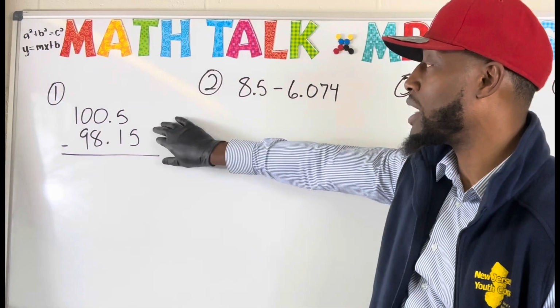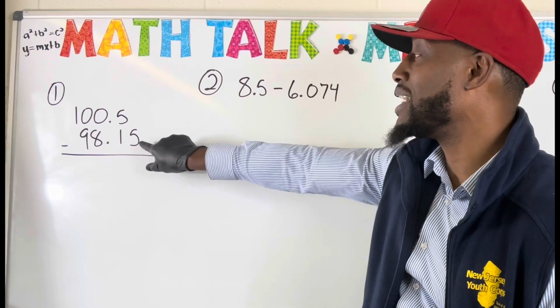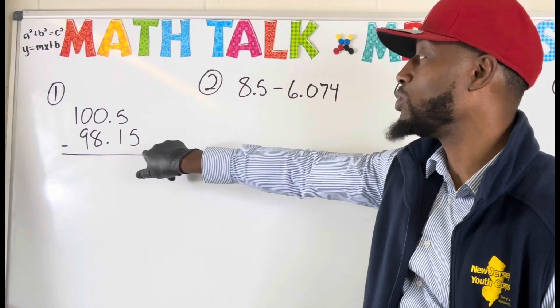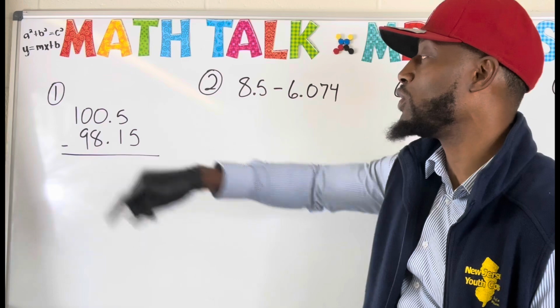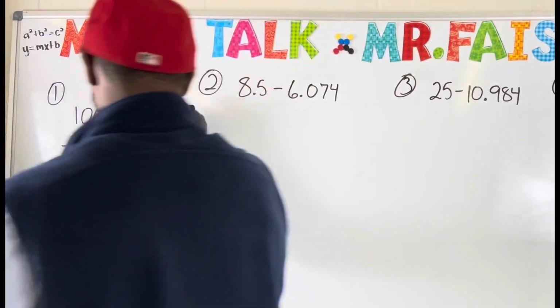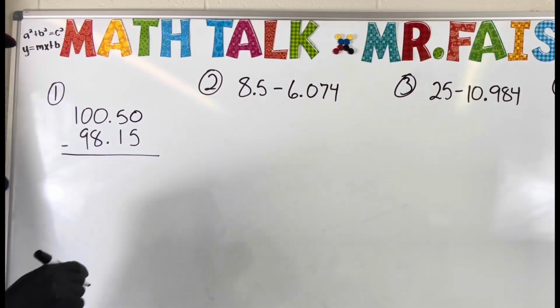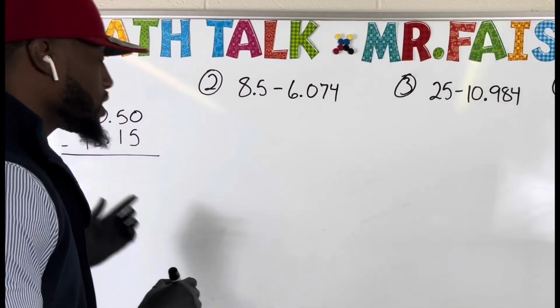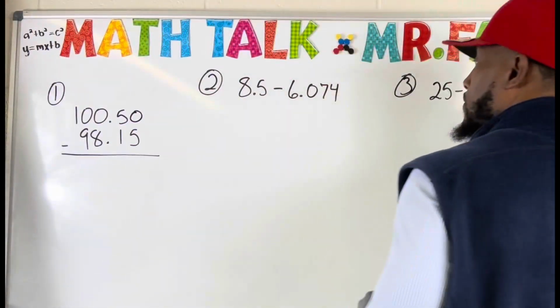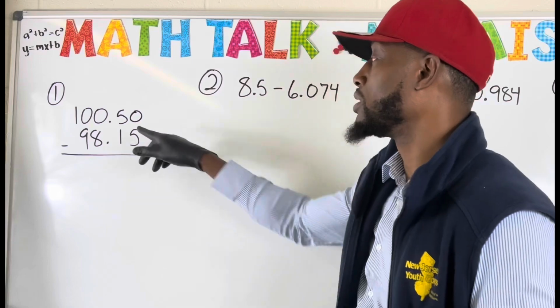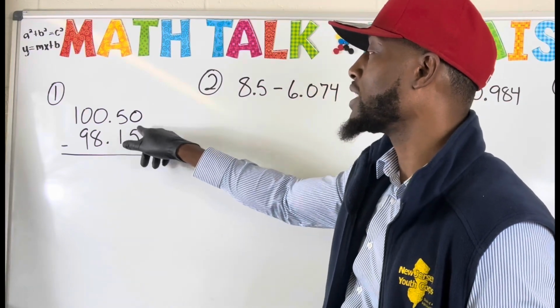When we see this first problem, we see that behind the decimal is 15, so it has 2 spaces. We want to make sure that behind the decimal over here, we have 2 spaces, all right? Now what I'm looking at is this. I have to borrow. This 0, I can't subtract 0 from 5.